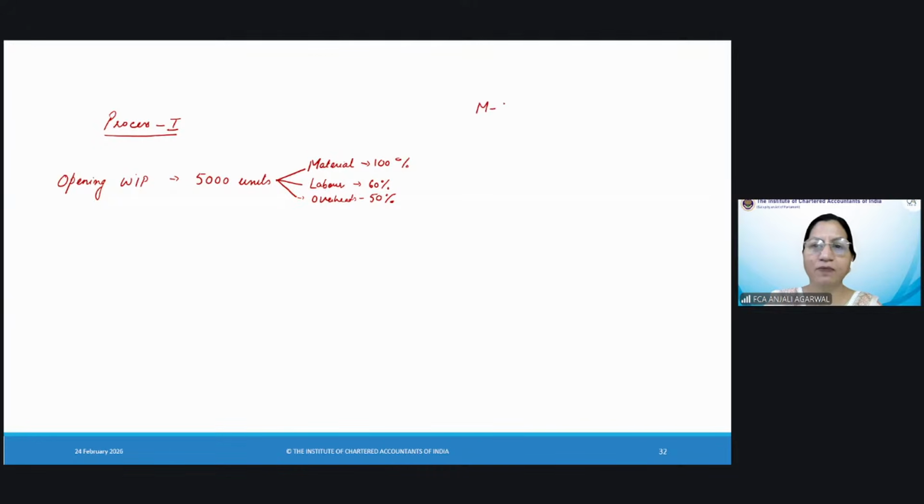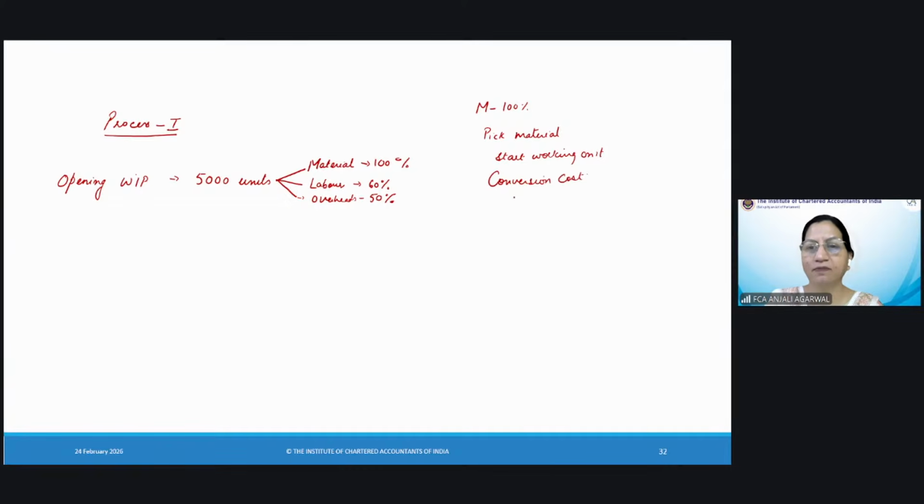Generally, material will be 100% because you will pick the raw material in a process, pick the material and start working on it. So raw material is already 100% utilized. So on this, you apply the conversion costs. What are the conversion costs?